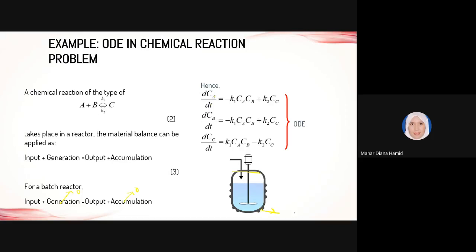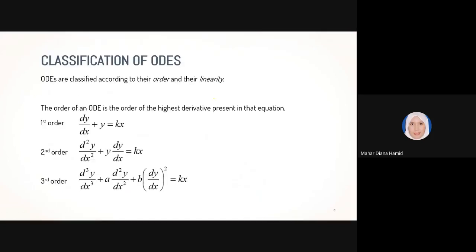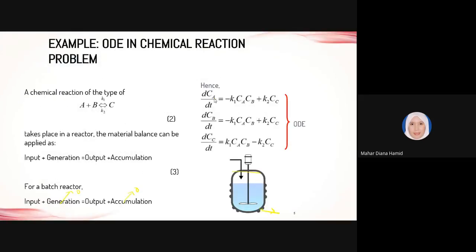So this is the rate of change of reactant A, the rate of change of reactant B, and the rate of change of reactant C. You may refer to your notes in your CPP1, if I'm not mistaken, and you will see that it's actually an ordinary differential equation, due to the fact that the rate of change only depends on one independent variable.